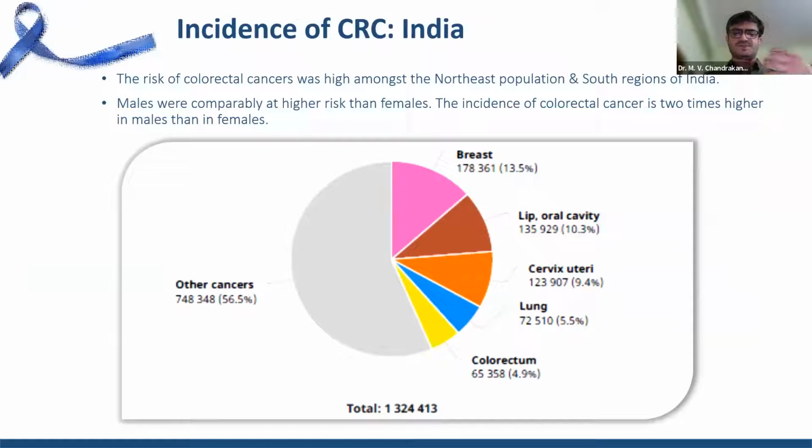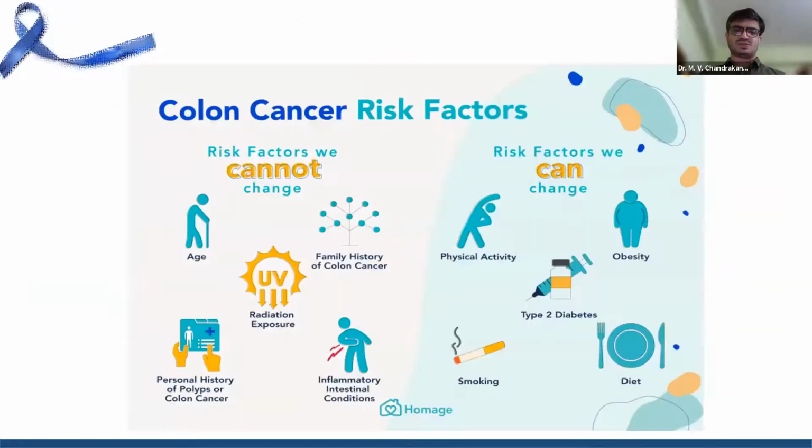So we know the incidence of any cancer, and especially colon and rectal cancer, is significant in India and elsewhere also. So very important is, to whom does this colon cancer happen? Who are the people who are at risk? Cancer is a disease where we don't have one-to-one causation.